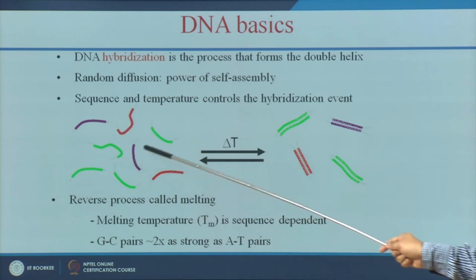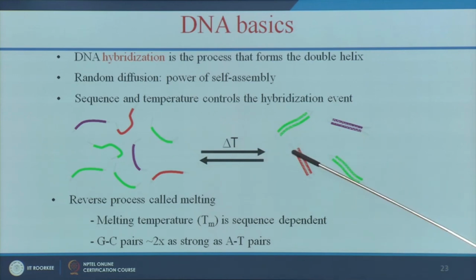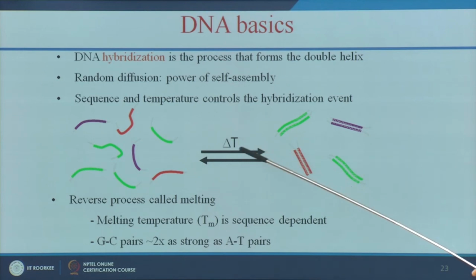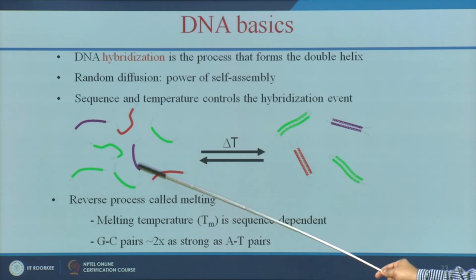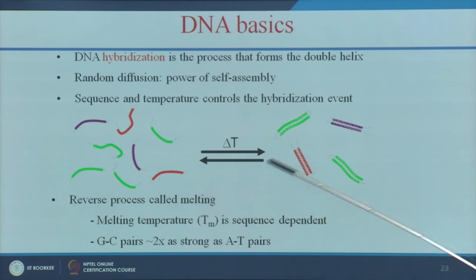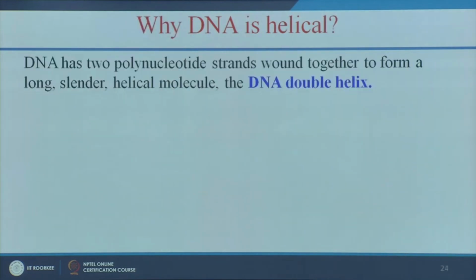This green DNA is binding to green DNA and red is binding to red, because the sequences are complementary to each other. That is why it forms a double stranded DNA. When you apply heat it becomes single stranded, and when you lower the temperature it becomes double stranded again. Using this we are going to make different kinds of nanostructures.